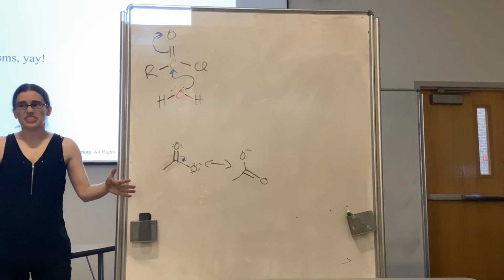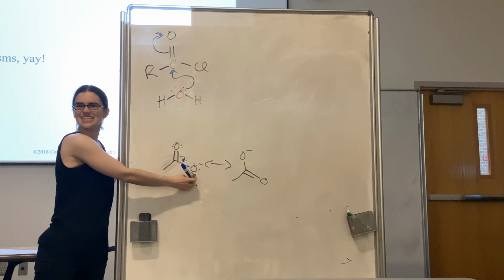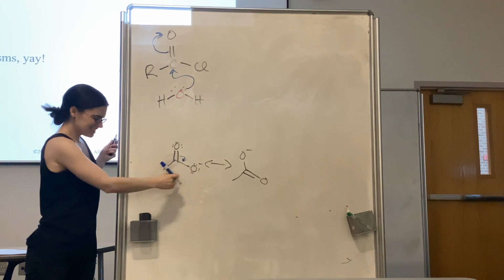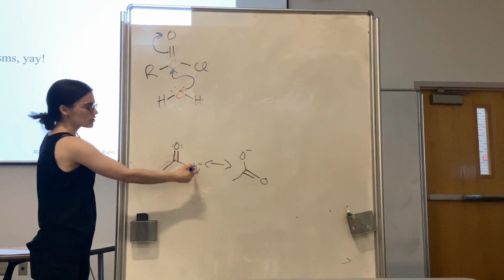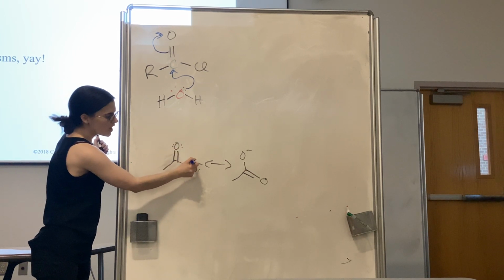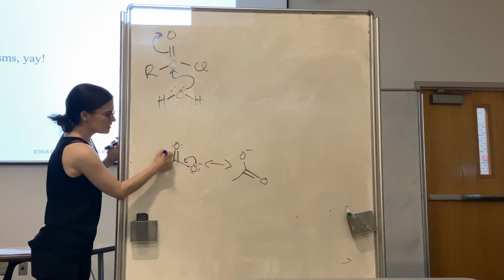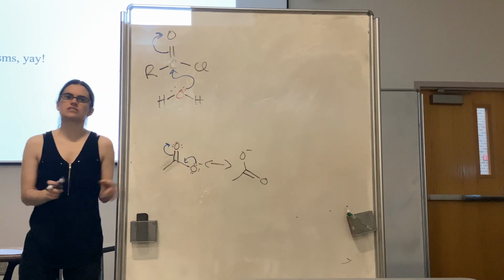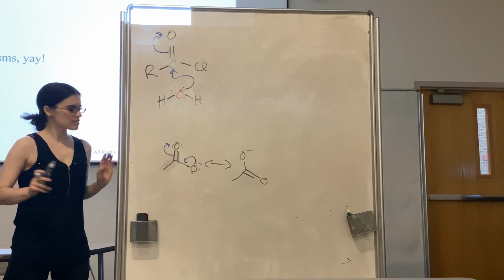That's very unhappy, right? And this already has an octet, so now we're trying to break the octet in the opposite way over here. So, even though it looks like that, if you put in your lone pairs, you can remind yourself, we've already got an octet on both of these. So really, the oxygens are just sort of sharing and unsharing electrons.